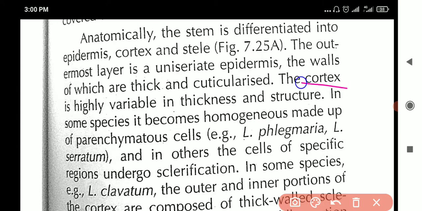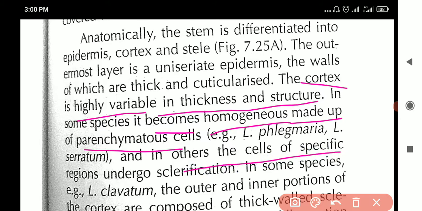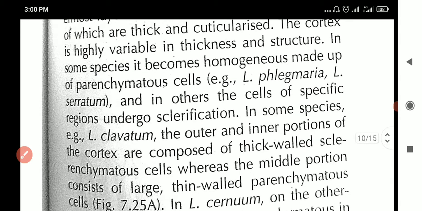Now the cortex is very variable in thickness and structure. In some species it becomes homogeneous, that is made up of one type of cells, and in others the cells undergo sclerification, means sclerenchymatous, thick layered.